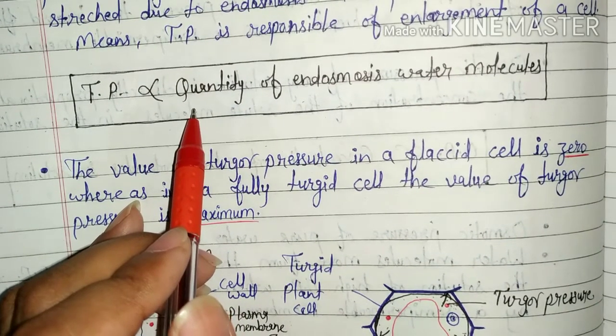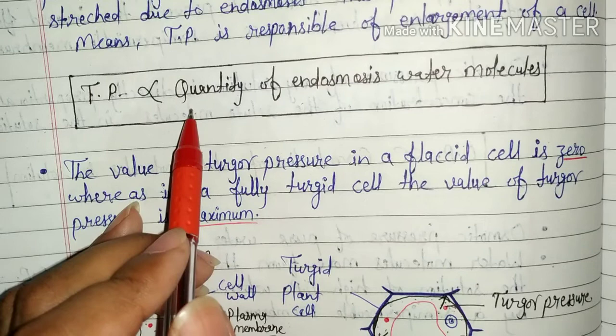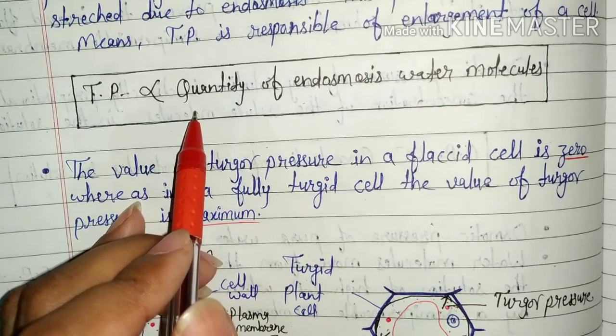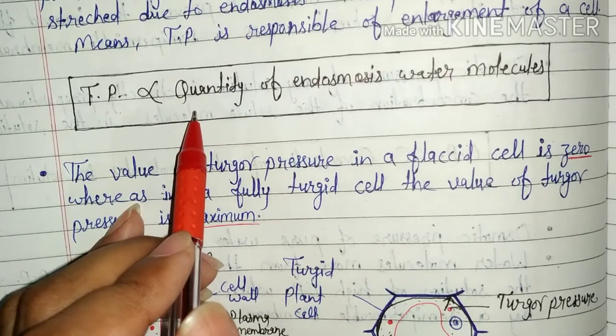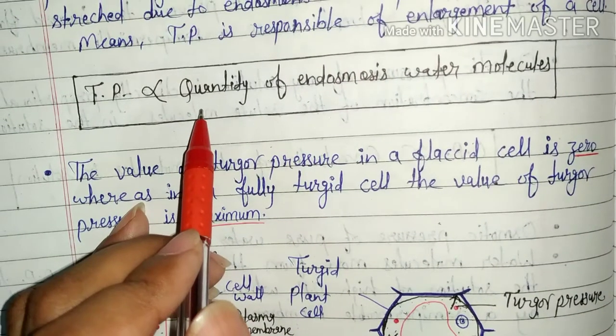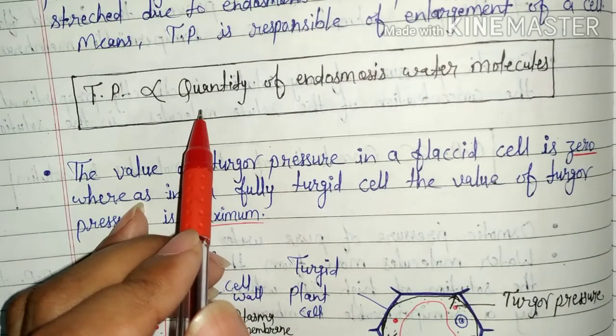Then a pressure occurs due to high osmotic pressure in the cell, shaped by the cell contents against the cell wall. In this, the plasma membrane of the plant cell is stretched.